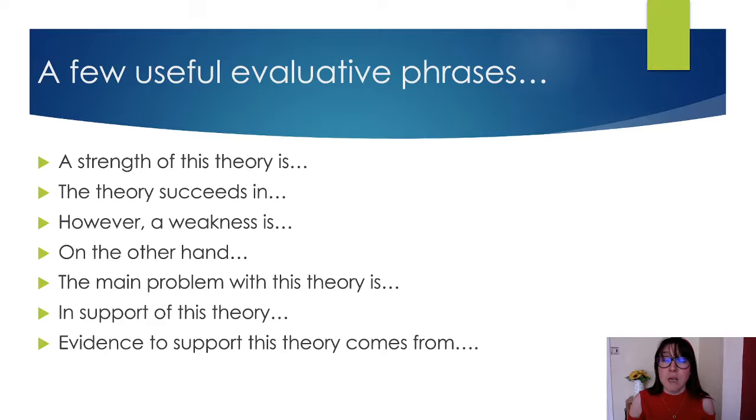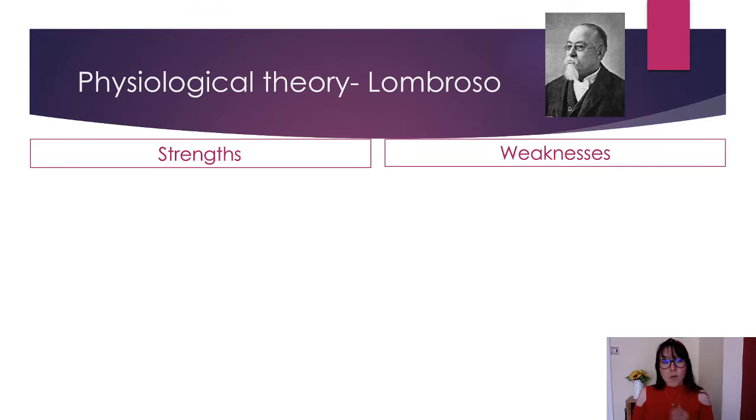You can use many, many others. The slides that are going to come up now only give you that platform for you to take further. I do not use evaluative phrases in the upcoming slides. That's your job, to apply the evaluative statements of whether the strengths and weaknesses I'm about to present work or do not work. So, starting right back with 2.1, Lombroso, our physiological theory.